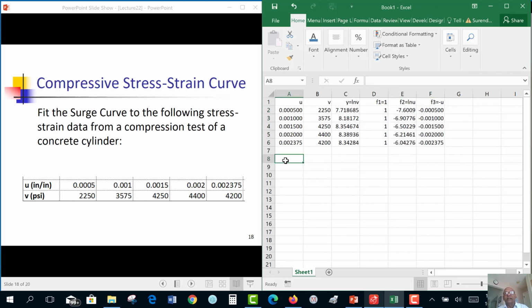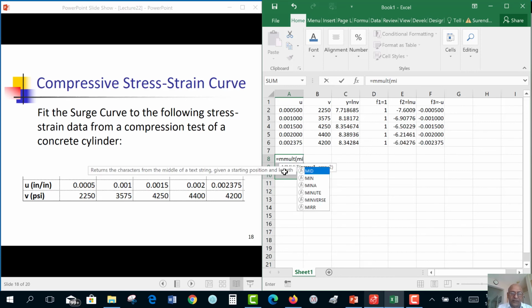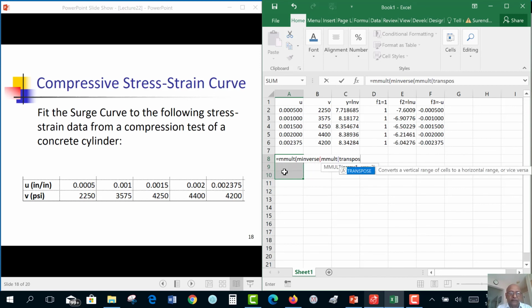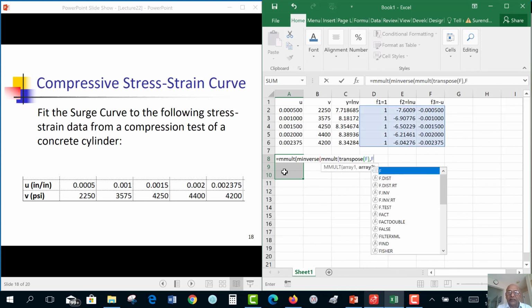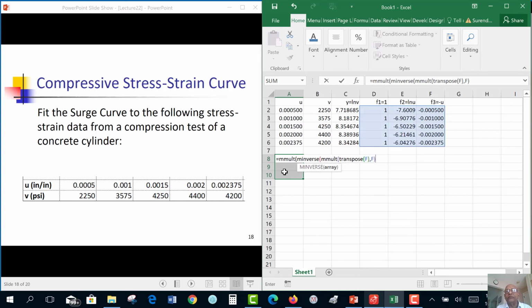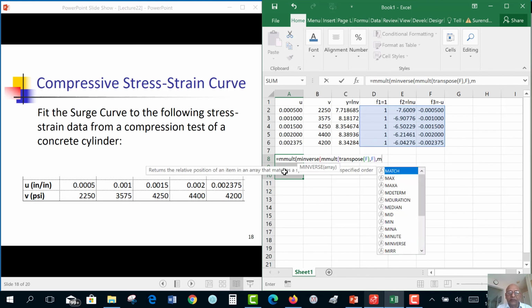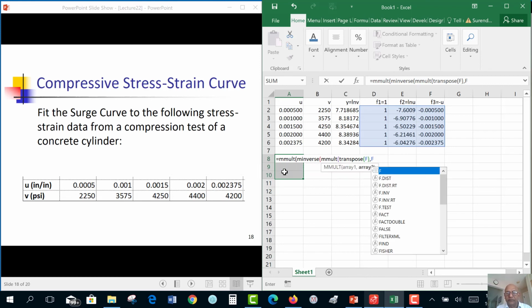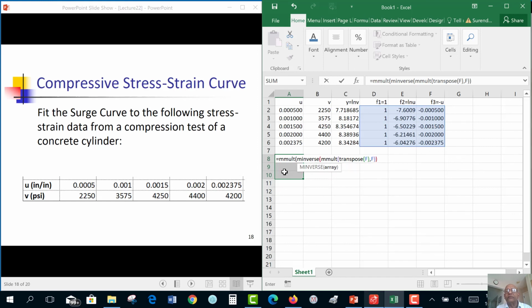And we are going to find our c's. So remember, we have 3 c's. Matrix multiply of matrix inverse of matrix multiply of transpose of F by F, comma, matrix multiply of transpose of F by Y. Control Shift Enter.